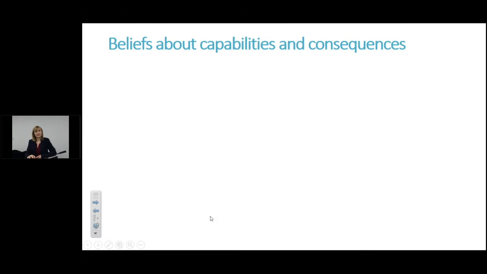Now, looking at beliefs about capabilities and consequences, there were concerns around the timing and sensitivity of broaching the issue of smoking, given that patients are particularly vulnerable when they're in that early phase of diagnosis and planning their treatment and making a lot of decisions.